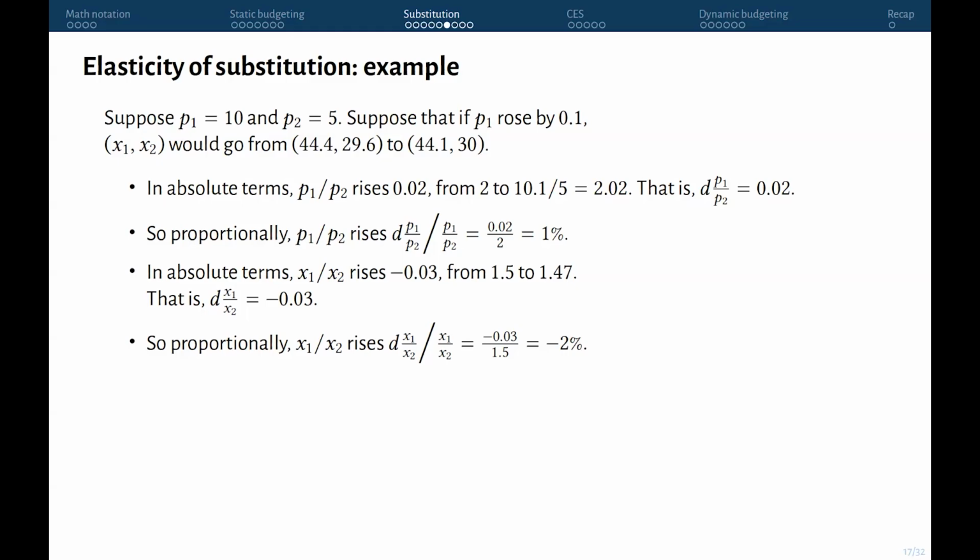So good one gets relatively more expensive by 1%. Your relative consumption of good one falls by 2%. So what that would mean is that around the price vector 10, 5, your elasticity of substitution equals 2.